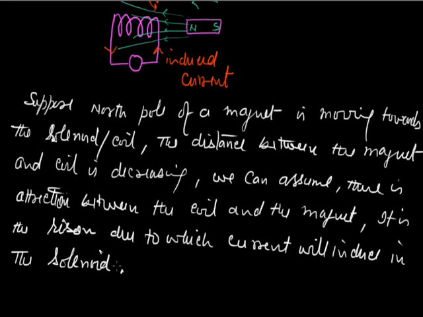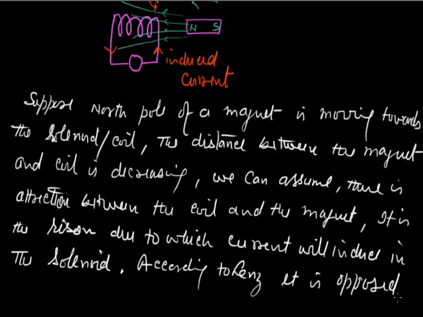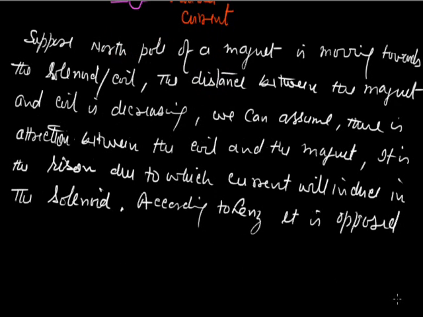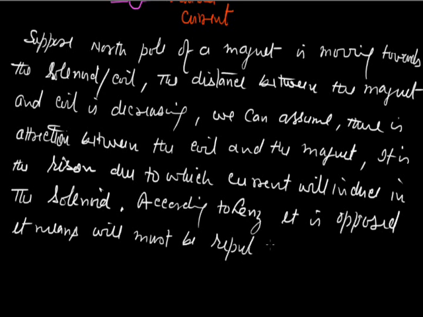According to Lenz, it is opposed. It means there must be repulsion between the solenoid and the magnet.